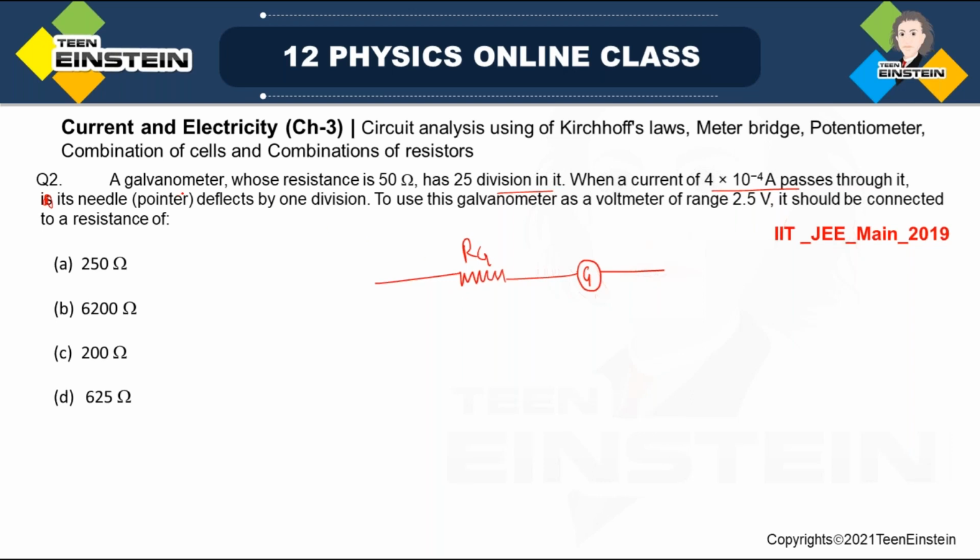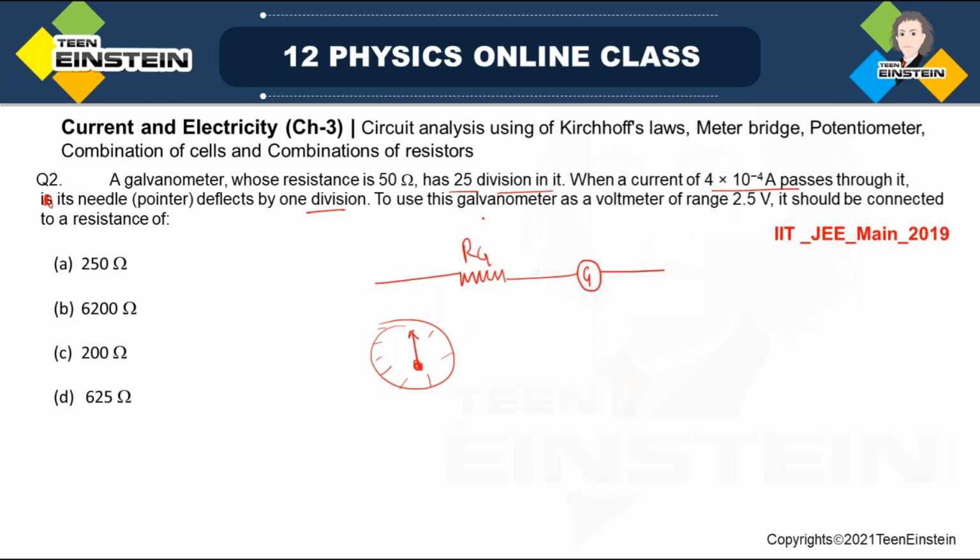Now look, the galvanometer pointer deflects by 1 division when this much current passes through it. That means, if it has actually 25 divisions total, right? Total 25 divisions it has.